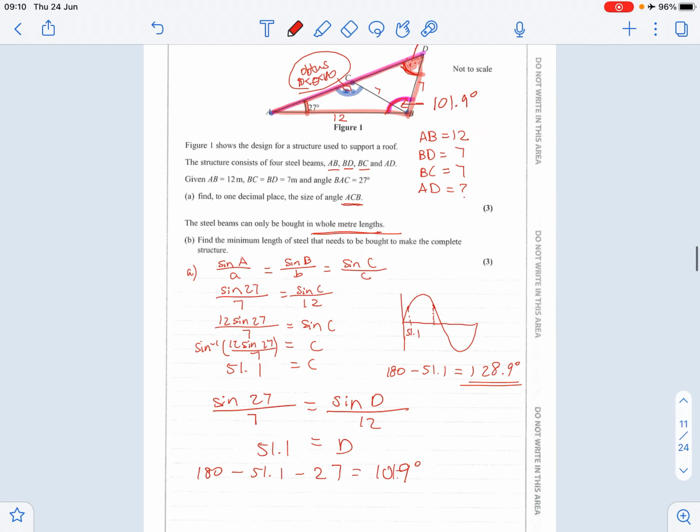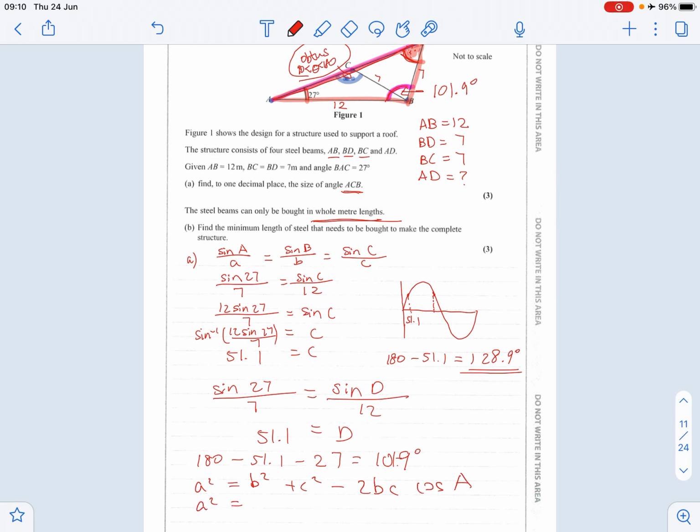Now we can just use our cosine rule to find the missing length. So we have a squared equals b squared plus c squared minus 2bc cos A. So we want to find the missing side, using the two sides, which is 12 squared plus 7 squared minus 2 times 12 times 7 multiplied by cos of this angle here, which is 101.9 degrees.